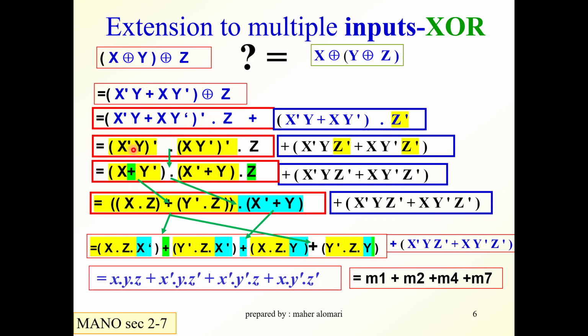This AND here is ORed, and this is the complement. This AND goes down here. We take this complement inside, so this is X bar or Y, and this is Z. We take the Z inside this, so this is X ANDed with Z, or Y bar ANDed with Z.